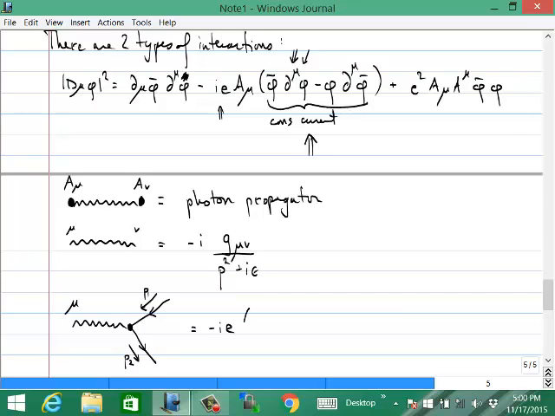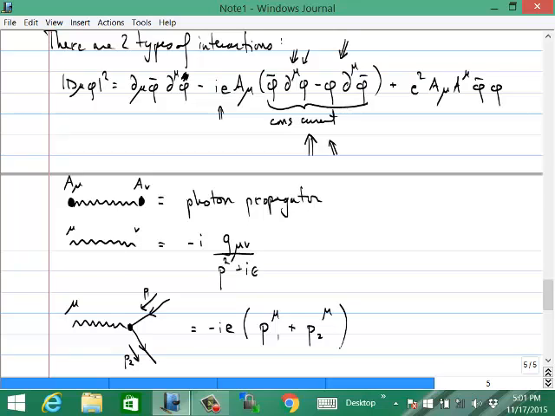And now there are two different interaction terms here, and so you'll get two different contributions coming from this Feynman diagram. These two different contributions come from the derivative hitting the two different fields. So in this conserved current, in one of the interactions, it hits phi, and in the other interaction, it hits the phi bar. And so you'll get the sum of these two momenta.